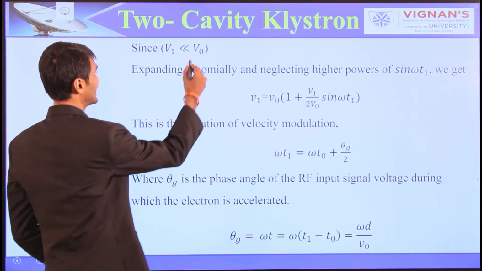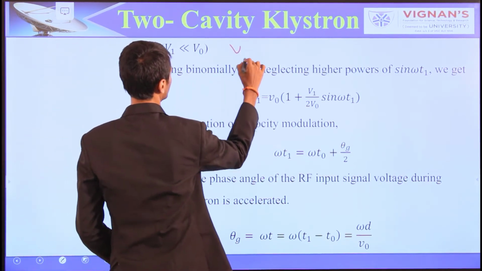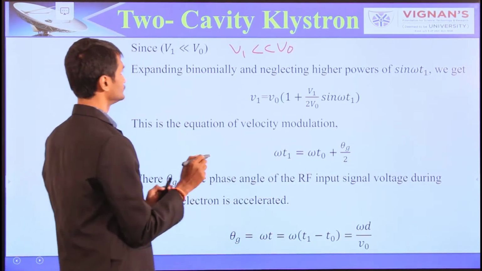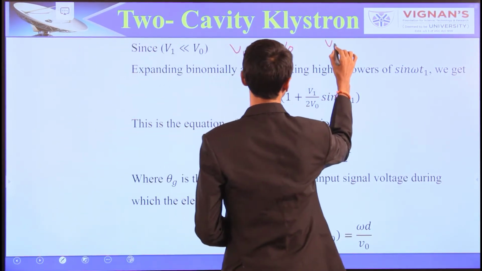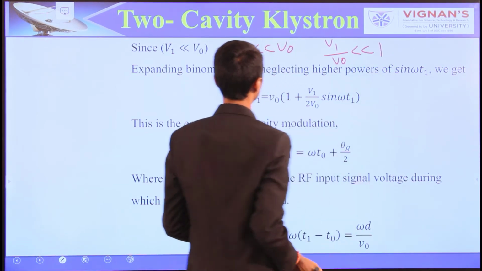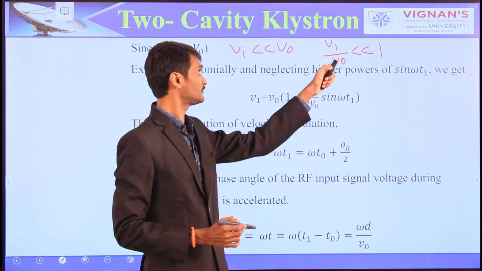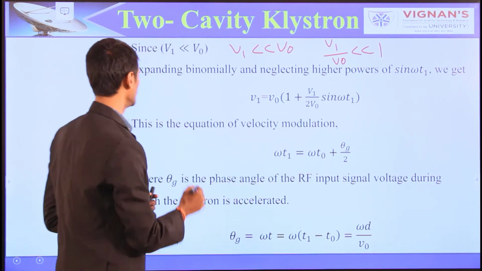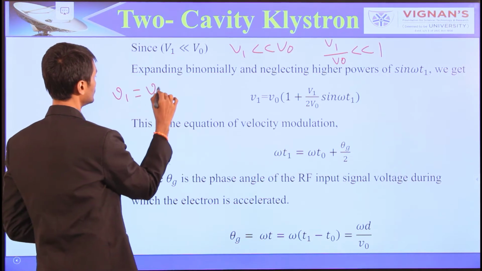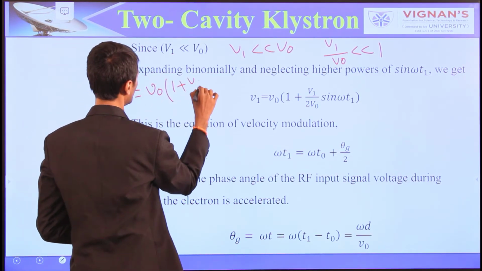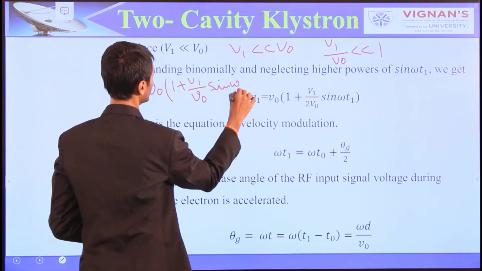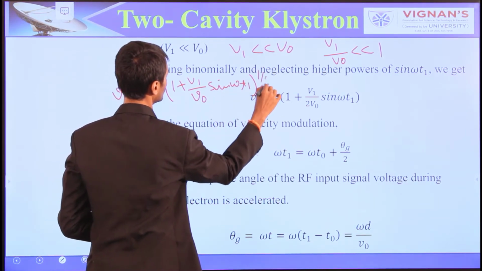Now, since we already assumed that V1 is far less than V0, here V1 by V0 is far less than 1. So v1 is equal to v0 into 1 plus V1 by V0 sin omega t1 whole power 1 by 2.